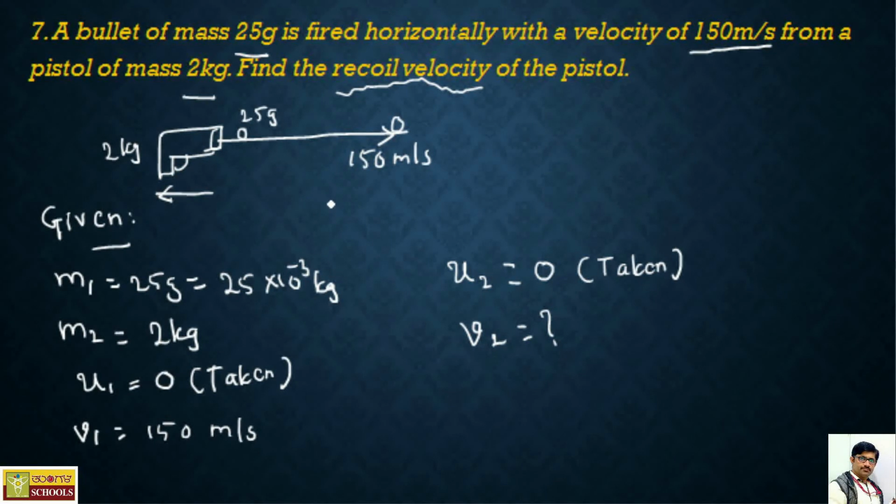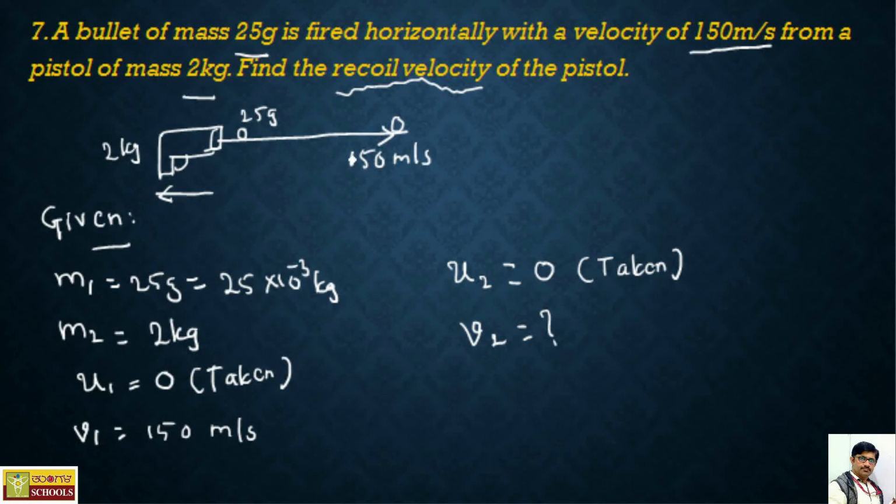This problem is a bit complex because the conservation law says that m1u1 plus m2u2 is equal to m1v1 plus m2v2. This is a long expression. Therefore, we need to consider all the proper parameters taken correctly.